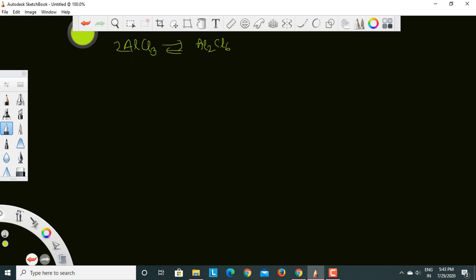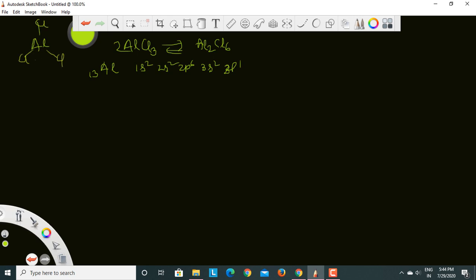Now in AlCl3, for aluminium, what is the hybridization? Let us check. Aluminium has atomic number 13: 1s2, 2s2, 2p6, 3s2, 3p1. For forming covalent bonds with chlorine, the Lewis structure of AlCl3 is like this. Cl makes a single bond like this. So Al is making 3 sigma bonds, so 3 unpaired electrons are required.